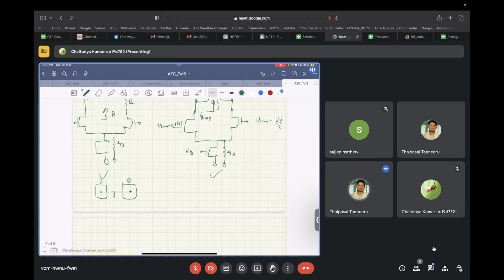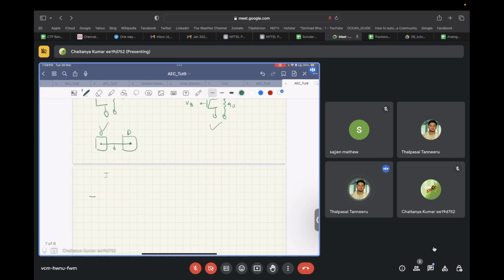So circuit 1 can be modified as follows: R, R, some output resistance ROP over here, and like this. Then this particular node will be a differential ground.